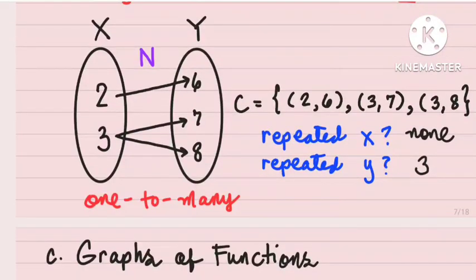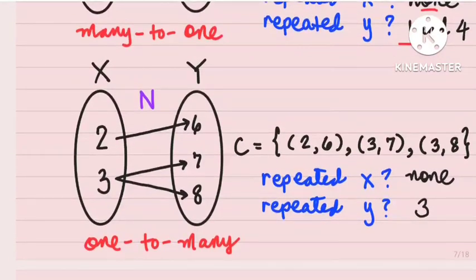Lastly, we have here the diagram, and we want to convert it into a list of ordered pairs. So we have (2, 6), (3, 7), (3, 8). Are there repeated values in x?